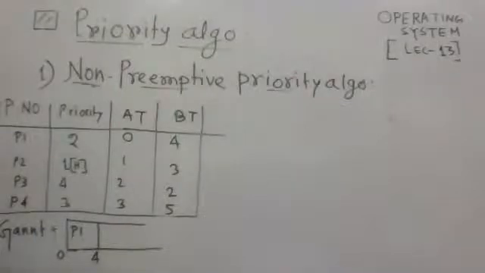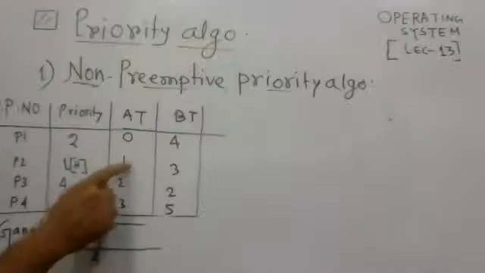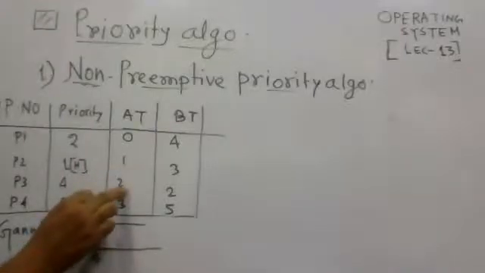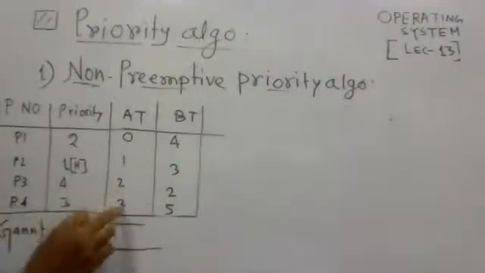Now at time unit 4, in the ready queue we have P2, P3 and P4, because the arrival time of P2 is 1, arrival time of P3 is 2, and arrival time of P4 is 3.